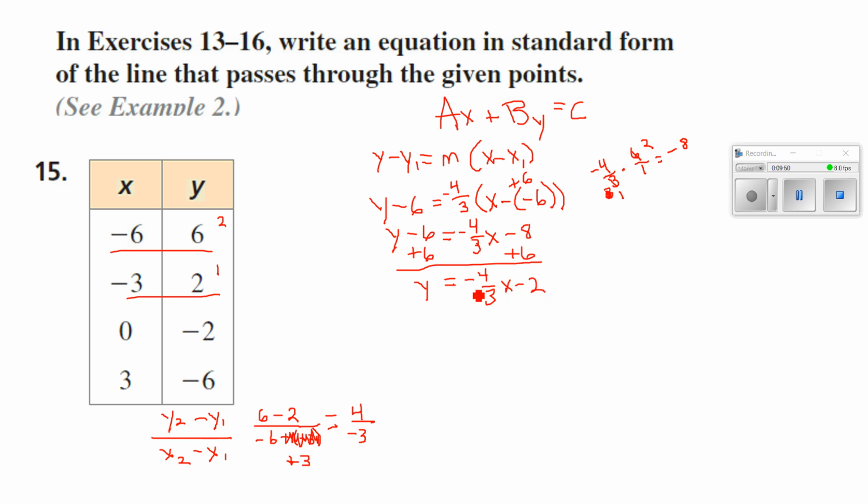Now we're going to move the x to this side, because remember, we need it in this format, right? So we need x over here. So we're going to add 4 over 3 x to both sides.